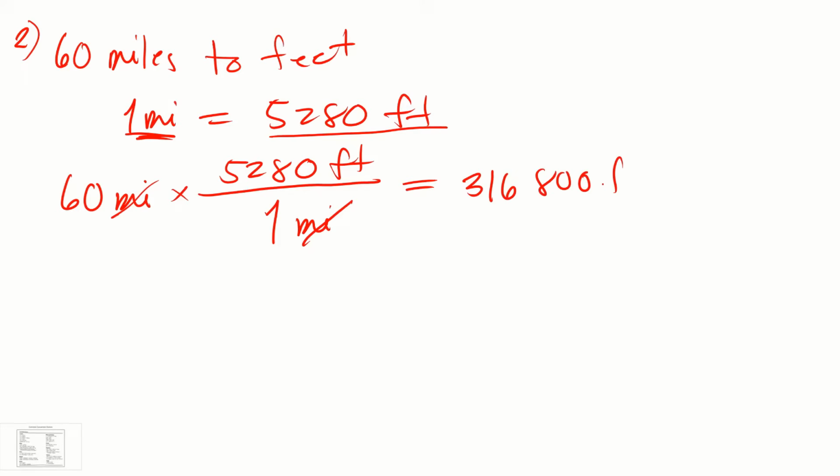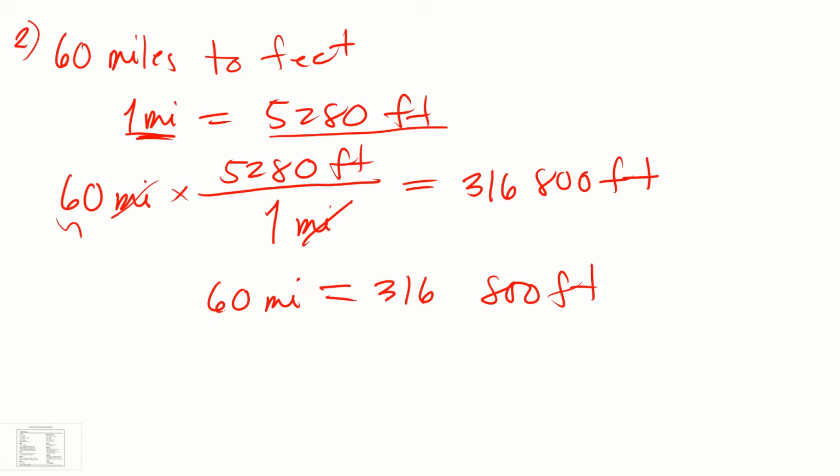316,800 feet. So now we know that 60 miles is equal to 316,800 feet. You can also write this, if you would like to express this in the correct number of significant figures, you need to count the significant figures in your original value. Here we only have one significant figure. So therefore, if we express this in correct significant figures, we'll have 60 miles is equal to, so here 3.